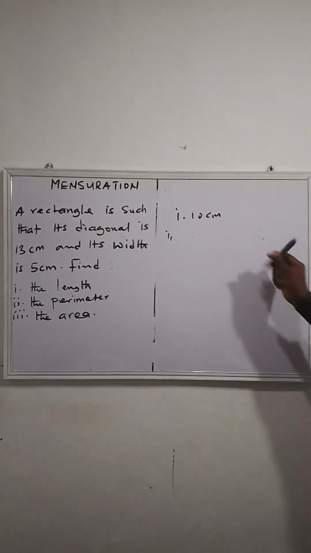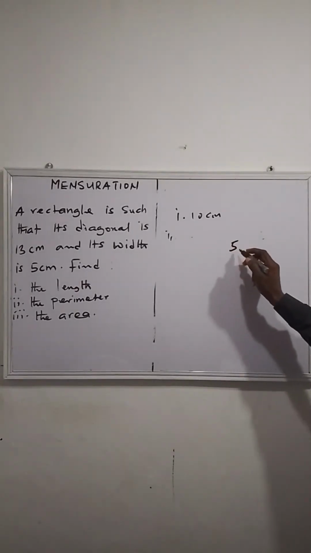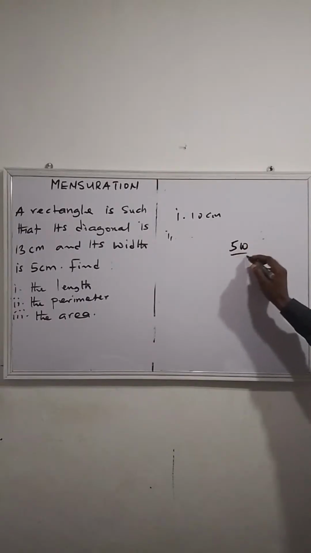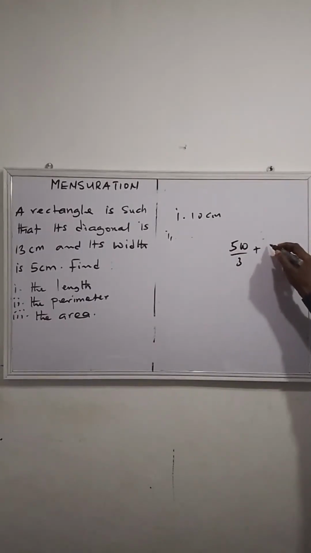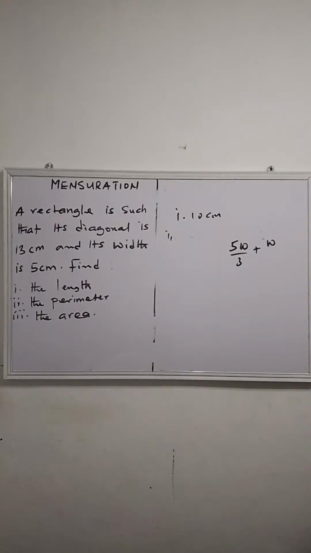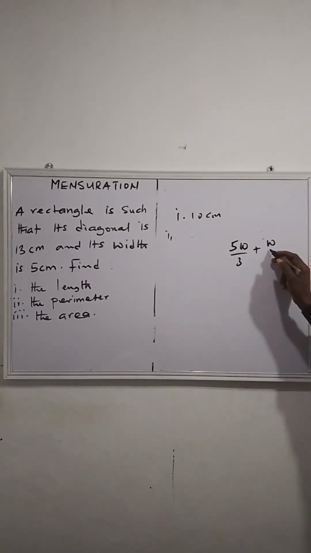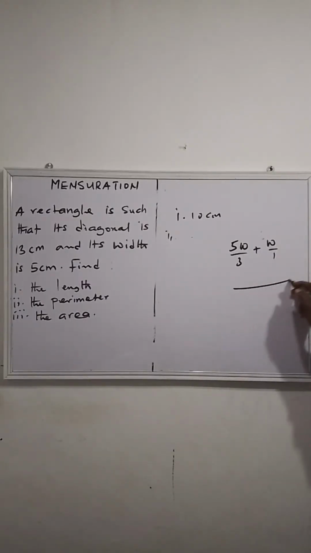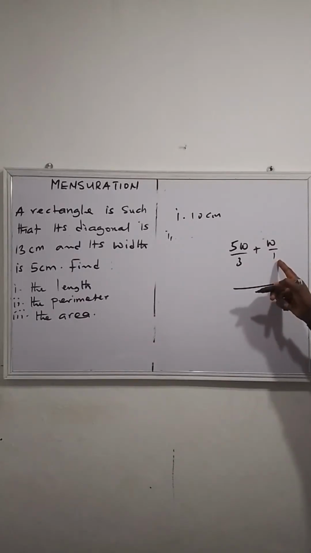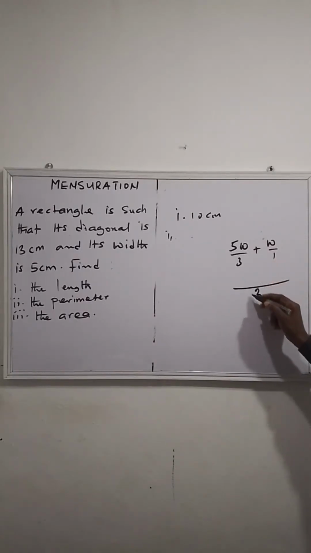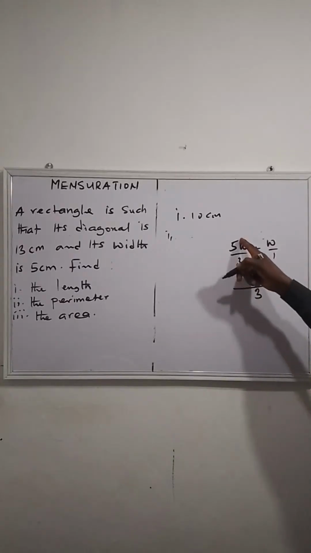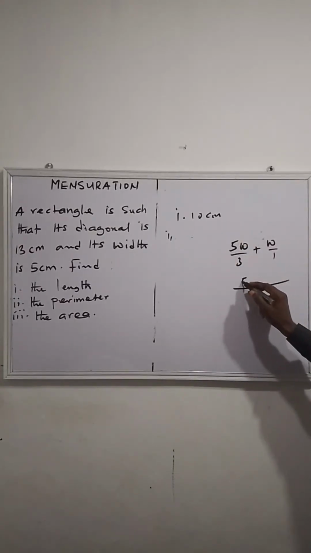Okay, so we have 5w over 3 plus w. So if you want to do this, you can decide to find the LCM. So what's the LCM of 3 and 1? That is 3. So 3 goes in 3 is 1. 1 times 5, that's 5w.